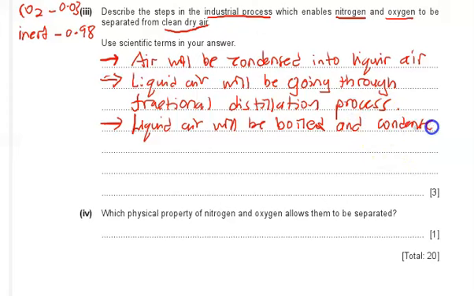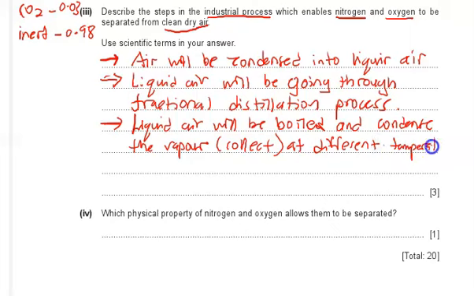Then they condense the vapor, and here is where they will collect it at different temperatures, to obtain oxygen gas and also nitrogen gas.